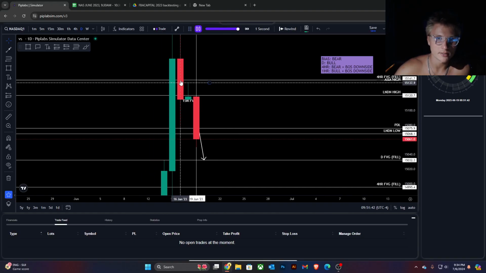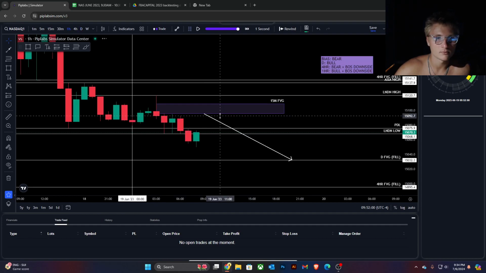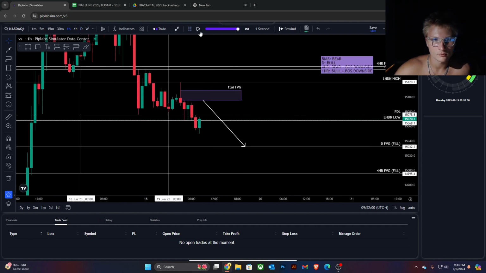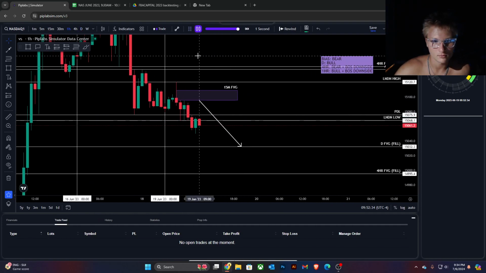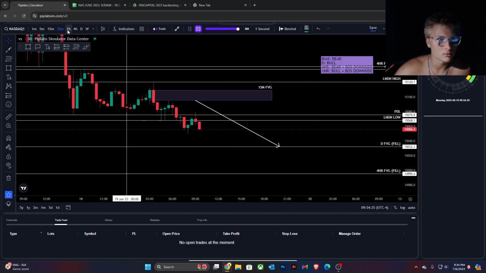But the previous daily before that closed bearish, engulfing. What's happening? Alright.